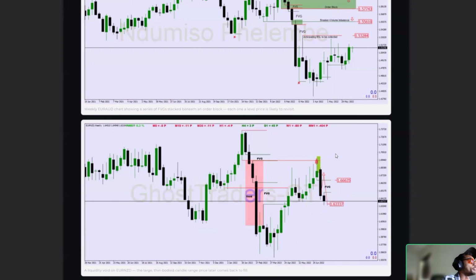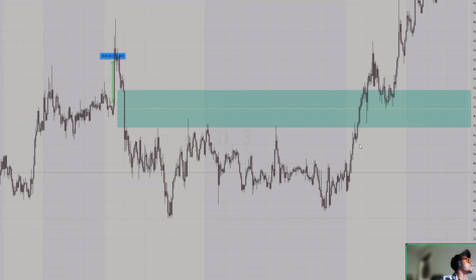We don't see what happens for the rest of this market, but we can see that, hey, we dropped down, we had a void, and then we came back up and priced into that void, right? So that's the same thing that happened here. We dropped down, we had a void, we came back up and priced into that void.